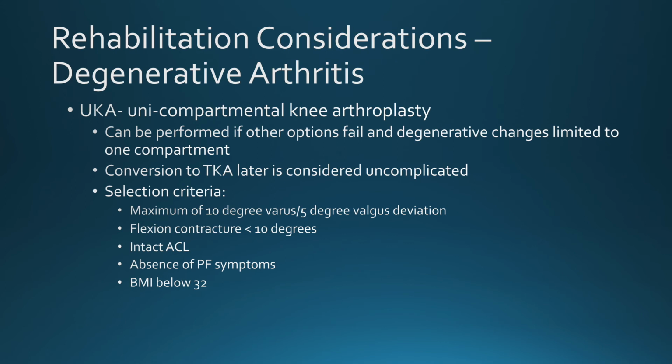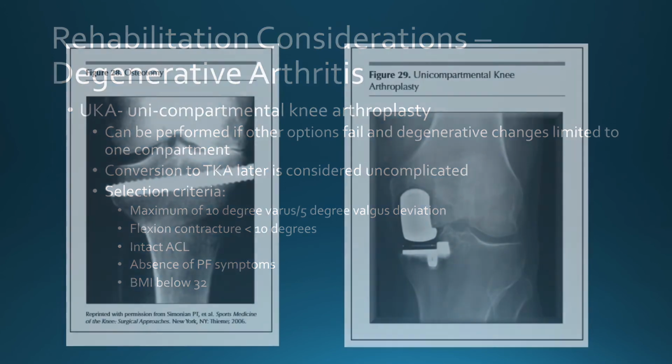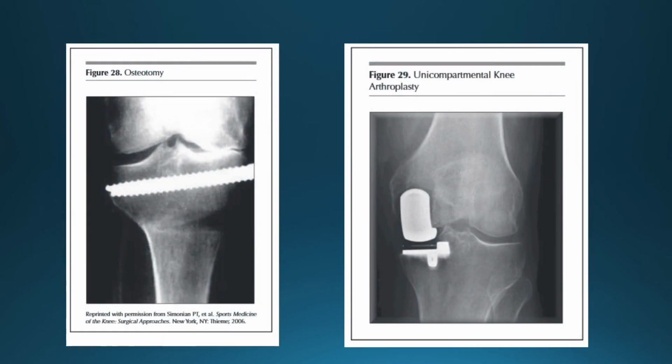Selection criteria for this procedure include a maximum of 10 degrees varus or 5 degree valgus deviation, a flexion contracture less than 10 degrees, an intact ACL, the absence of patellofemoral symptoms, and a BMI below 32. And then obviously we have the well-known total knee for severe or advanced degenerative arthritis. So here are a couple pictures of the procedures that we just talked about. To the left you have the osteotomy, and to the right you have the unicompartmental knee.